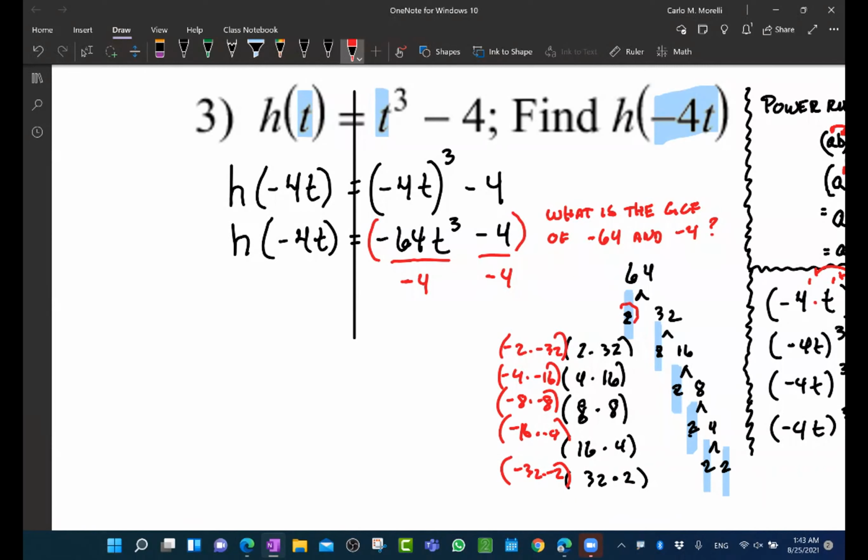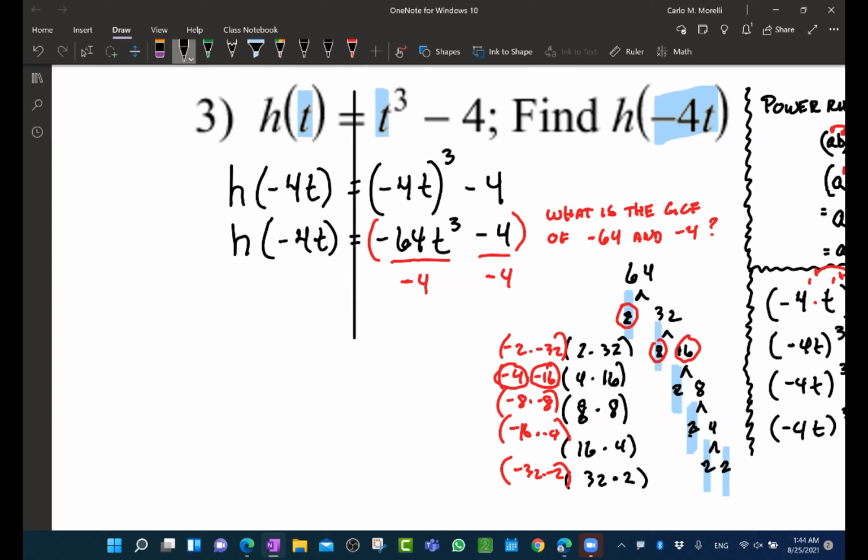The cofactor of negative 4 is negative 16. So I know that when I divide negative 64 by 4, I'm going to have a positive 16 left behind. Right? Because I'm dividing a negative by a negative, I get a positive.